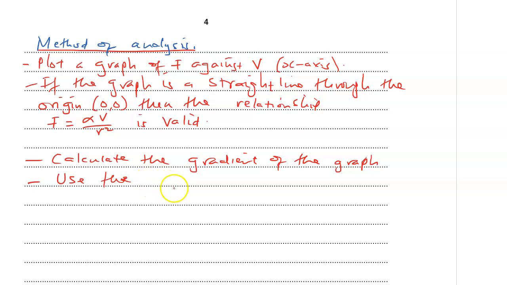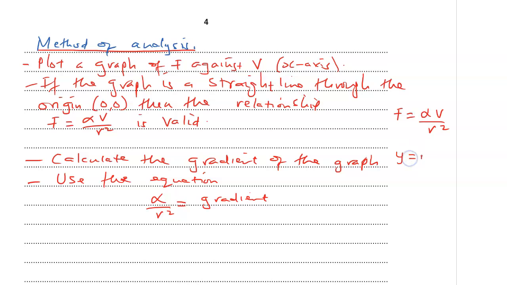Use the equation alpha over R squared, because that is the gradient, is equal to the gradient. Of course, the equation is F is equal to αQ over R squared.